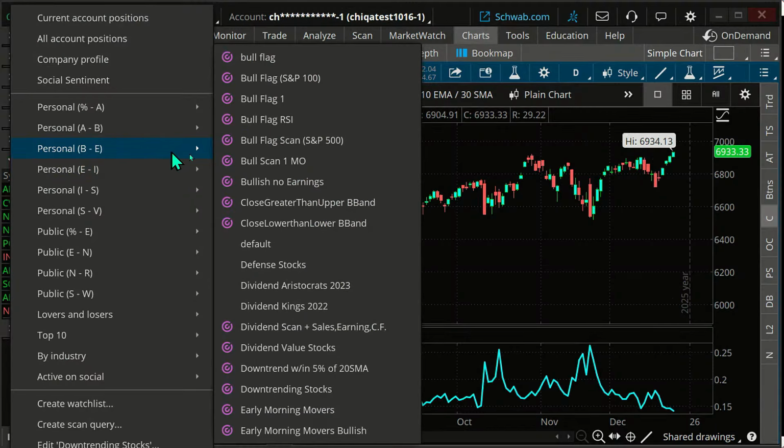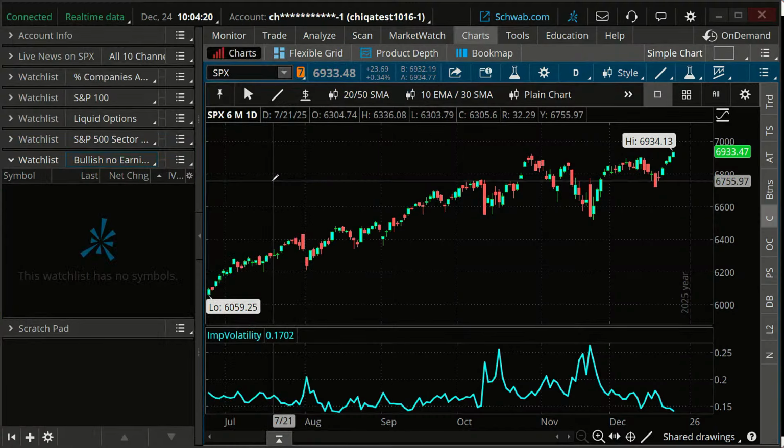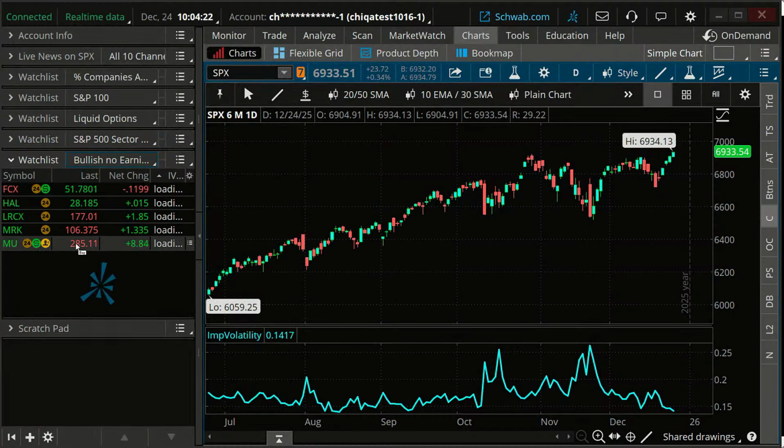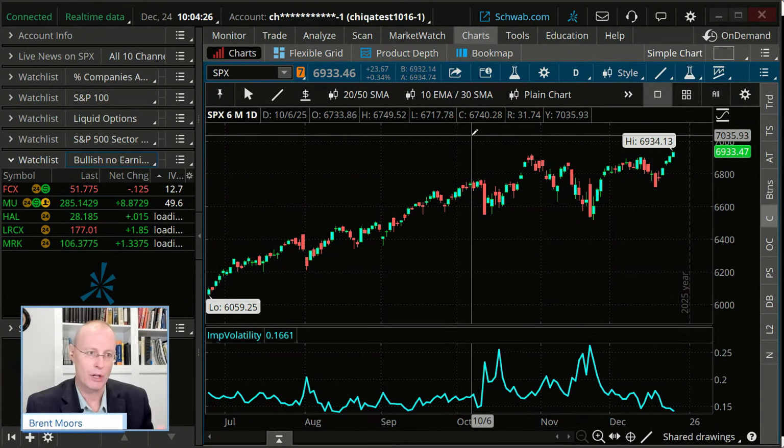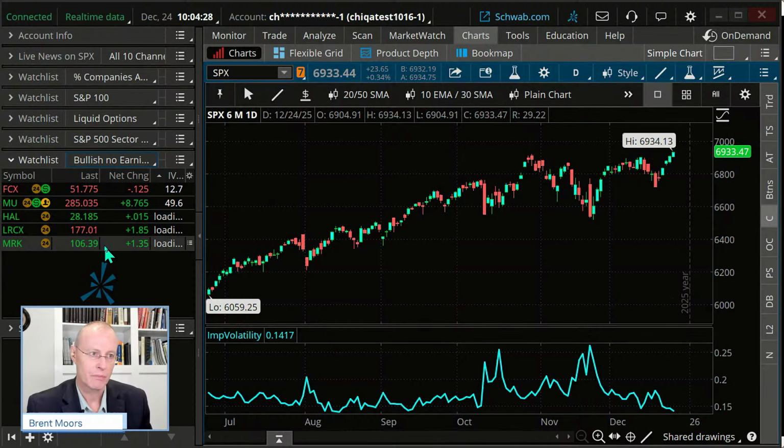Each of these with the little purple symbol next to it is a scan that I've saved in the past. Bullish, no earnings. I don't even remember what went in that scan, but here's what comes up with that. So instead of running the scan, I'll look at a watch list.